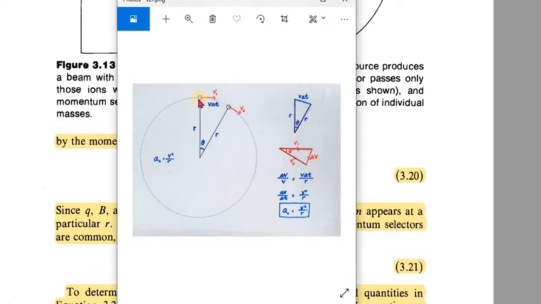If it has a constant velocity, then velocity is distance by time, so distance is velocity times delta t. So this is v delta t, this is r, this is theta.